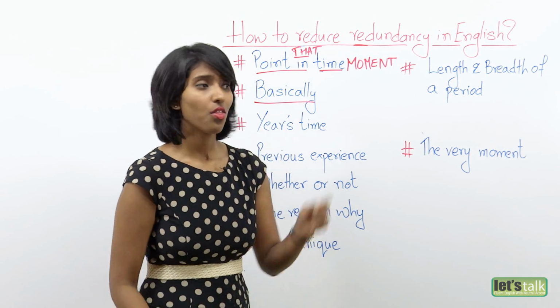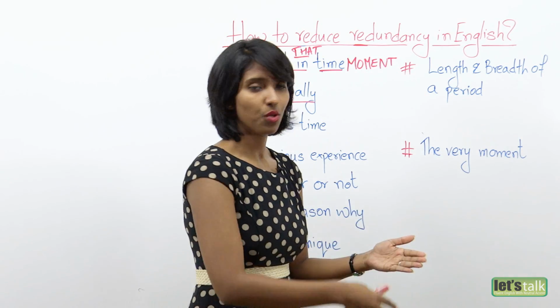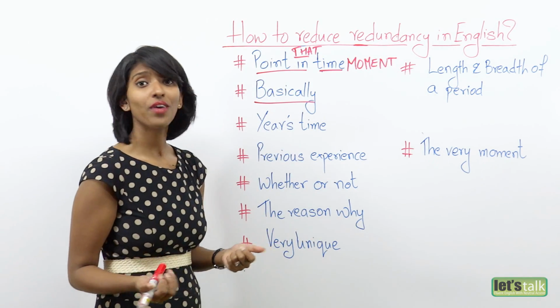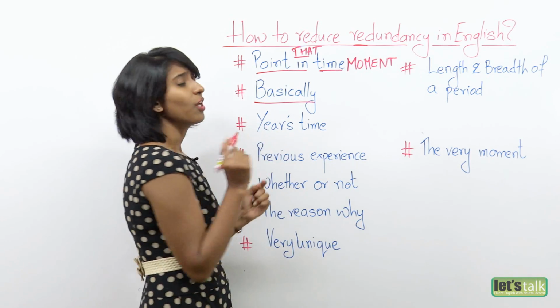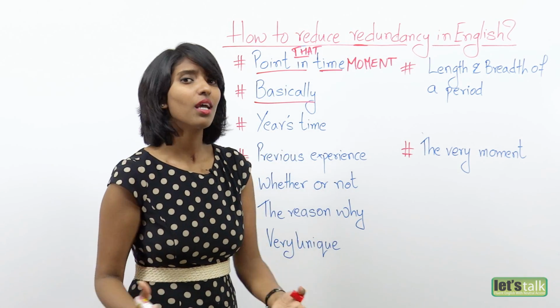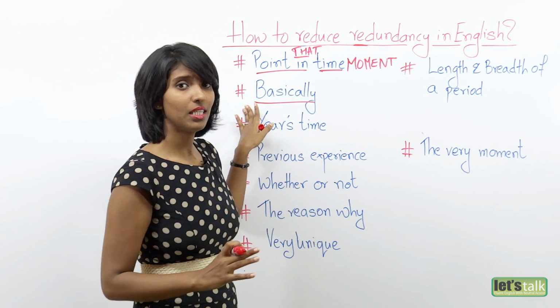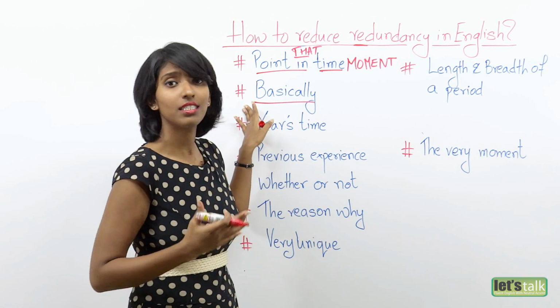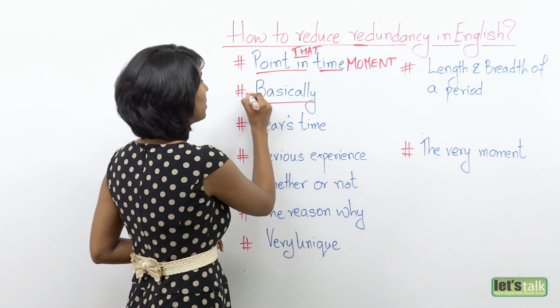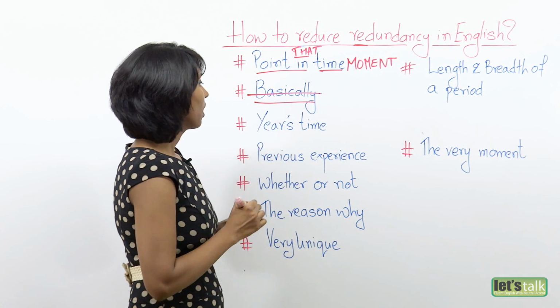If you say, this item will help you in this way, it means the same. Basically has no value to that sentence. So if you're speaking in English and when you're explaining something, avoid the word basically, as it does not add any value to the sentence. So we do away with this.